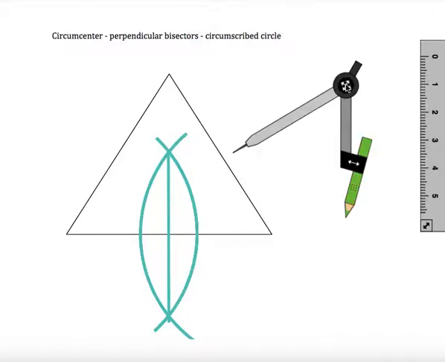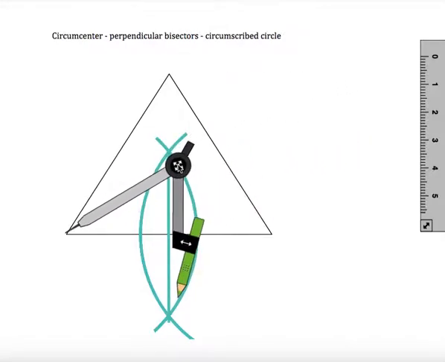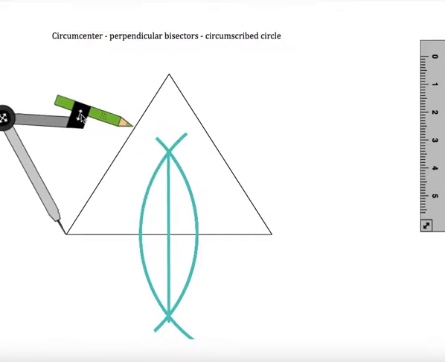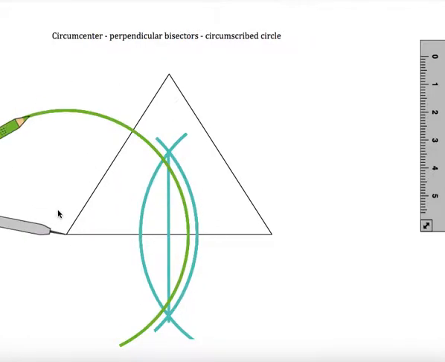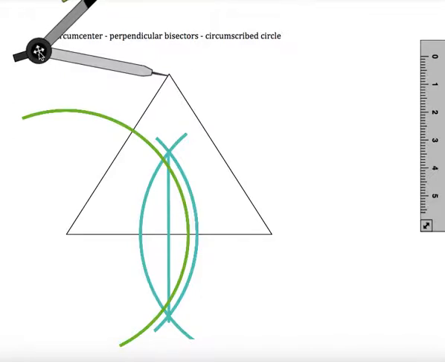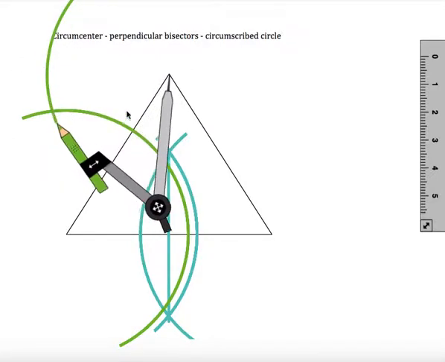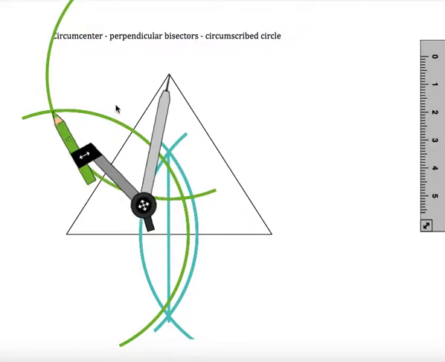So for my next one, let's do this side on the left. So remember, go over halfway and create your arcs so that they will intersect above and below. So I've got it from this side, and now I'm just going to go to my next vertex and make an arc from that vertex with the same distance.